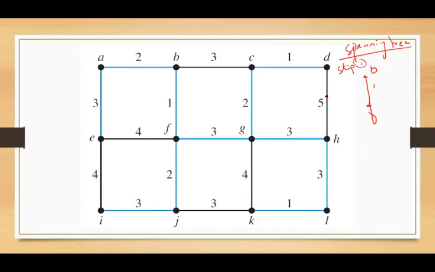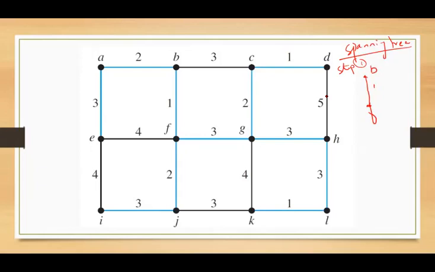For BF, see which edges are connected and among them which has the smallest weight, and keep on adding them such that it does not form a cycle, because the main criterion of a spanning tree is that it should not create a cycle.